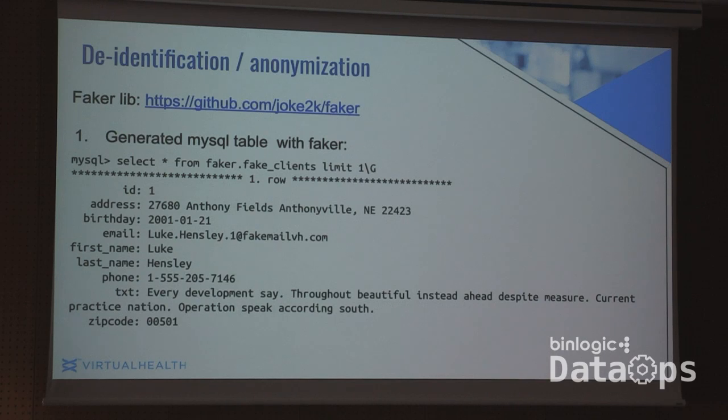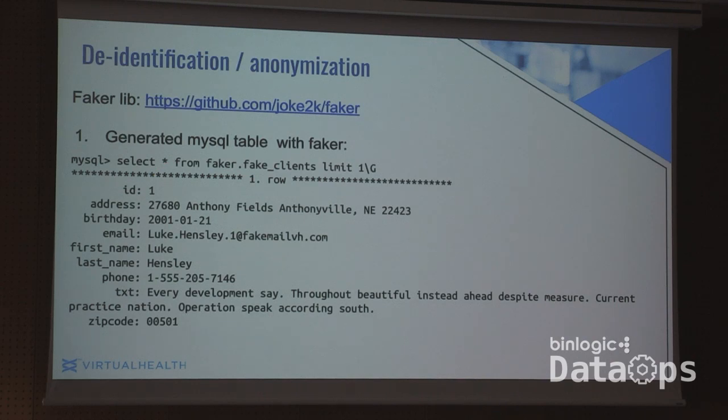And then I basically generate this table, fake client. I generated lots of rows here to do one-to-one mapping to those fake clients. And this is how it looks like. So this table also has an auto increment ID.